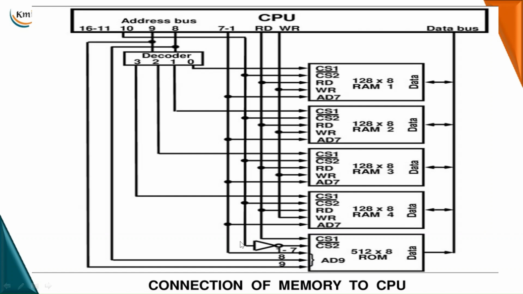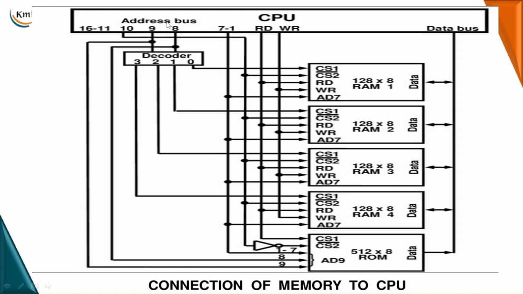If your 10th bit is 1, it indicates the ROM has to be selected to perform a read operation. Since we are complementing, a 0 means RAM, and a 1 means ROM will be selected.